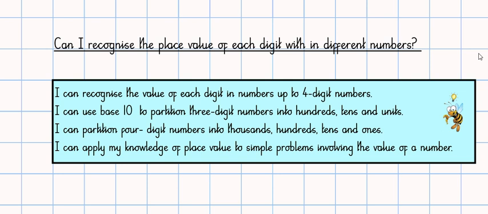Are you able to use base 10 to partition 3-digit numbers into hundreds, tens and units or ones? Are you able to partition 4-digit numbers into thousands, hundreds, tens and ones? And could you apply your knowledge of place value to simple problems involving the value of a number?